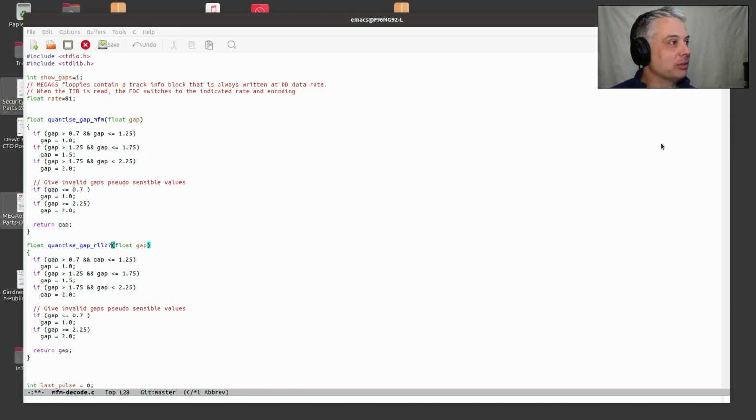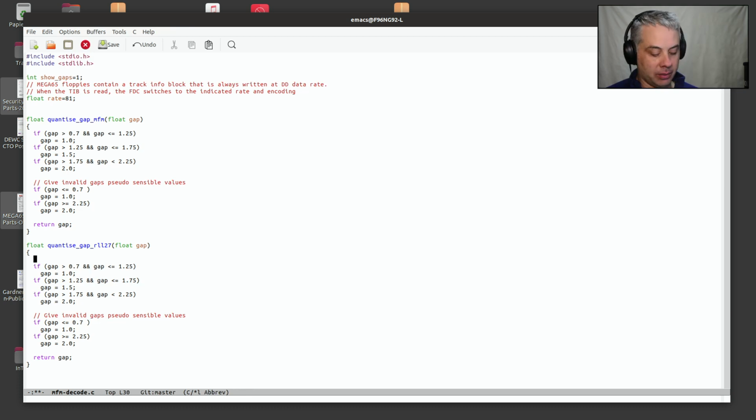It's all good. So now we have gaps between 2 and 7 is the convention to describe them. But what in MFM we call a gap of 1, we actually call a gap of 2 in RLL.